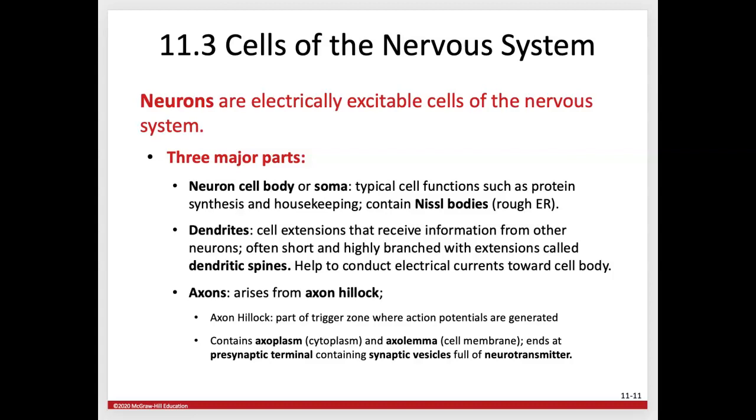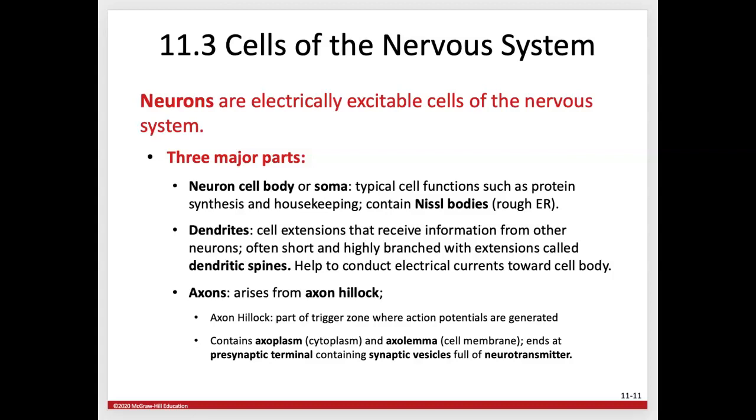The third part of the neuron is called the axon, and basically the axon is one of the many things that make up a nerve. Many axons together make up a nerve, and axons are like the long part of the nerve, almost like the tail.